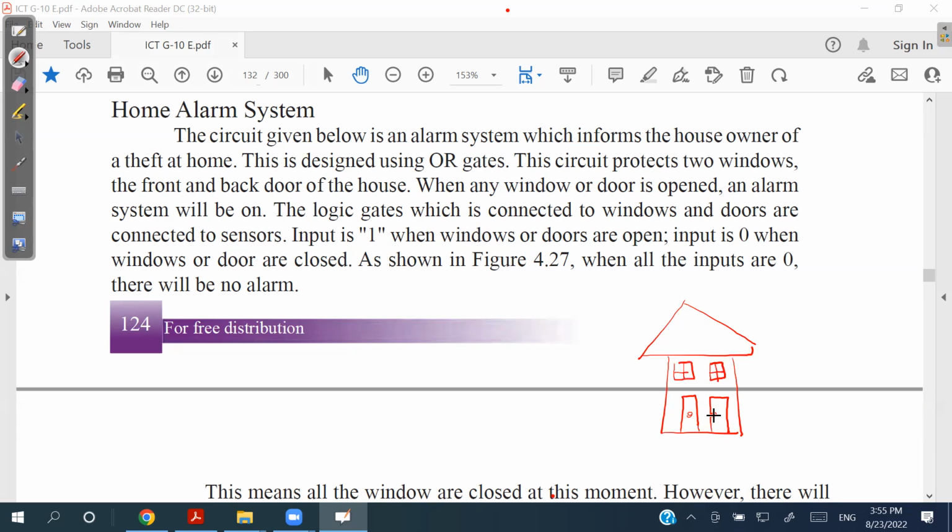Here it says, when any window or door is opened, an alarm system will be on. So that means the alarm is the one which is acting as an output, right? Because the alarm is going to buzz when any particular door or window is open. That means those things need to be closed at all times.